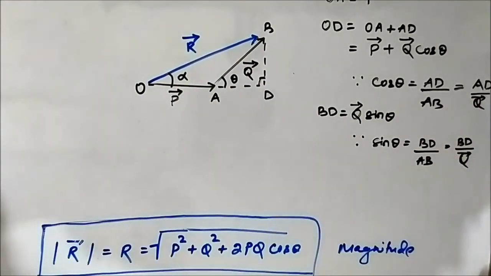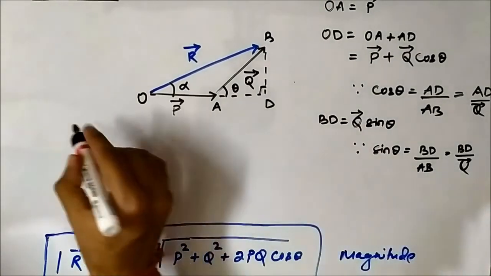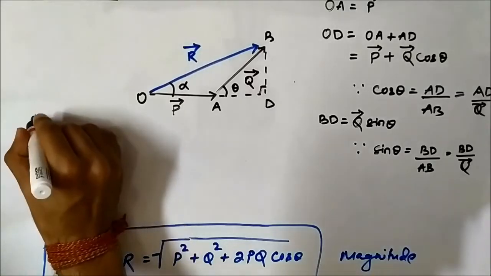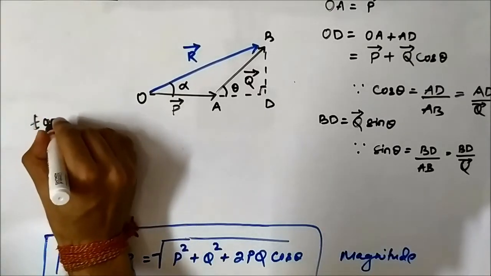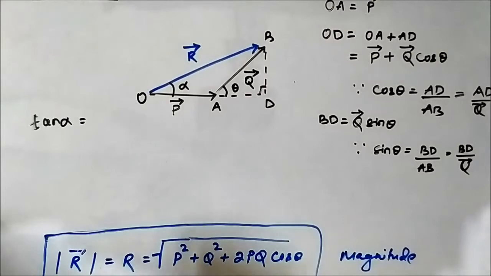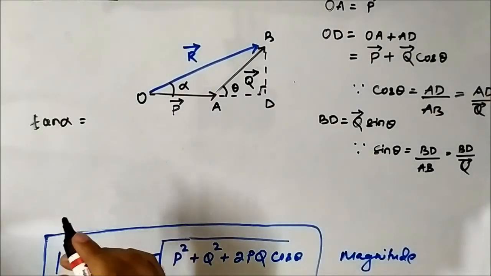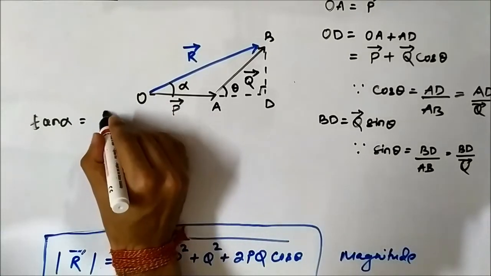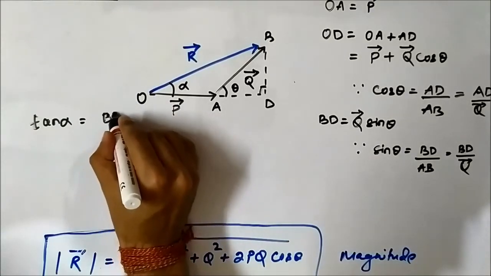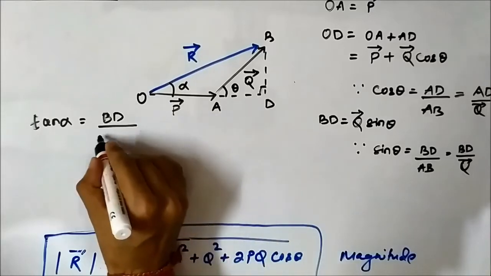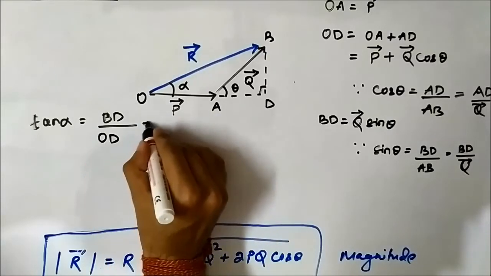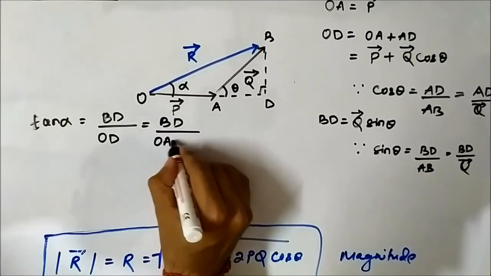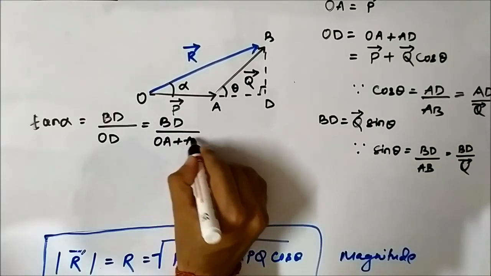So tan alpha is perpendicular by base, which is BD by OD, which is BD by OA plus AD.